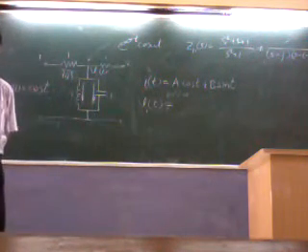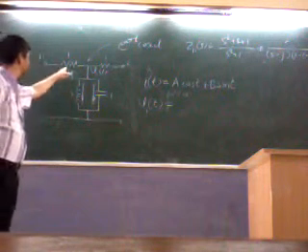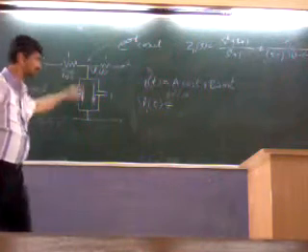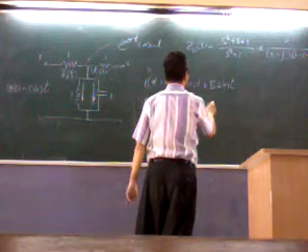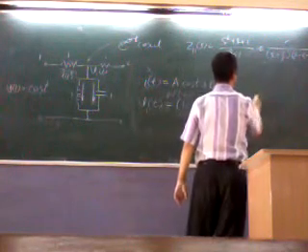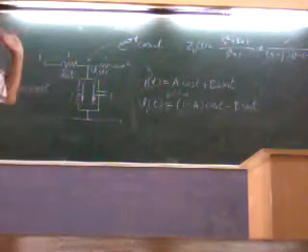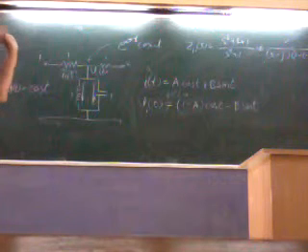This is 1 minus I(t) into R, where R is 1, so V1(t) is equal to 1 minus A cos t minus B sin t, correct? Is there any problem? I think not.